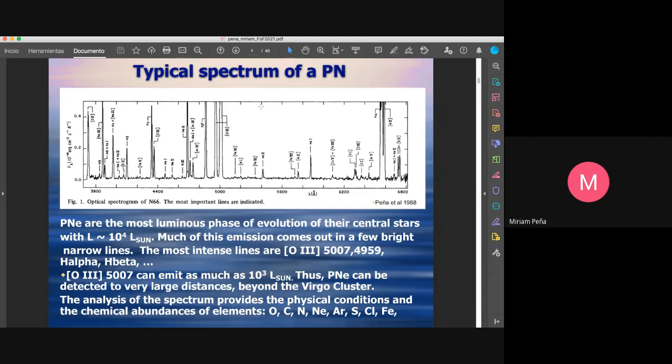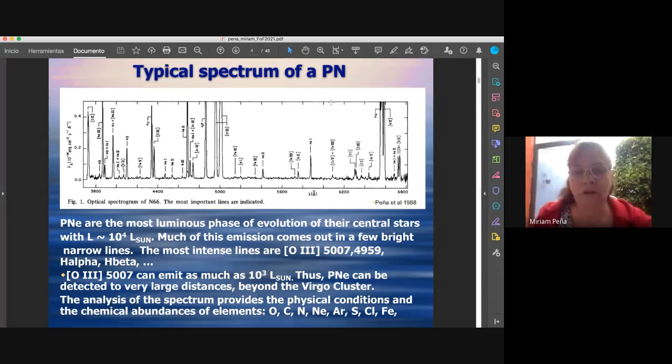The most intense lines are [O III] 4959 and 5007, also H beta, H gamma, and others. [O III] 5007 can emit as much as 10^3 solar luminosities. So planetary nebulae can be detected at very large distances beyond the Virgo cluster.